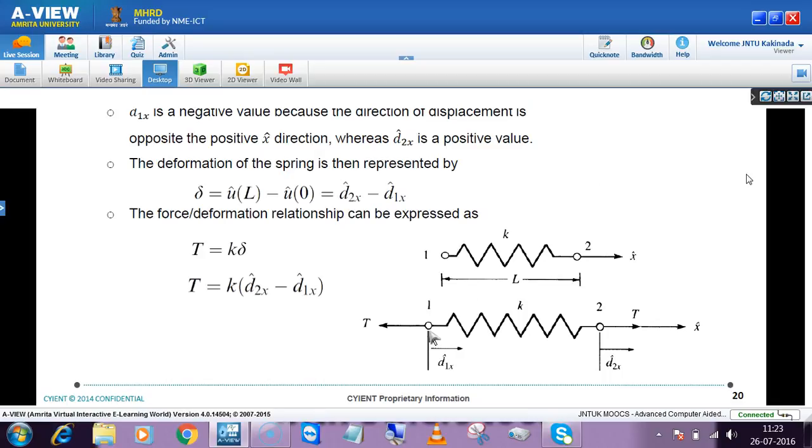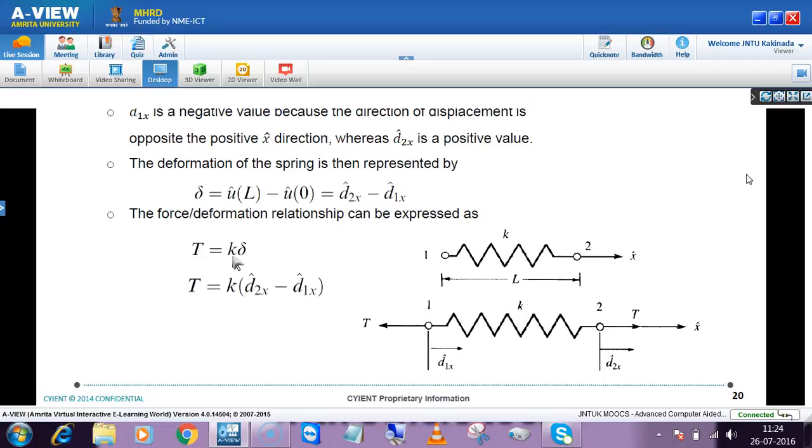When we pull the tension spring in two directions, equal and opposite, we are pulling at this node this way and pulling the spring that way. Here we are showing d1x in the positive direction, but when you apply the tension force in the opposite direction, d1x becomes negative.